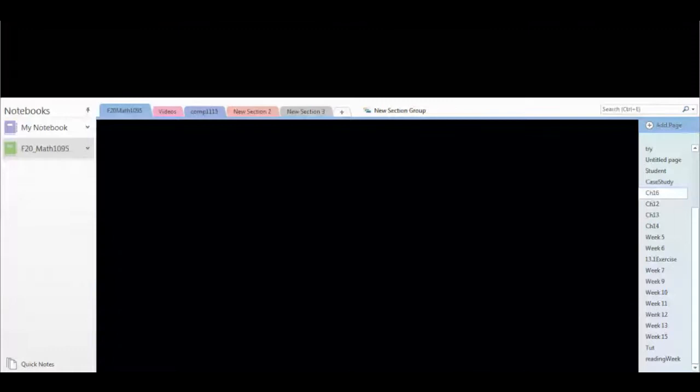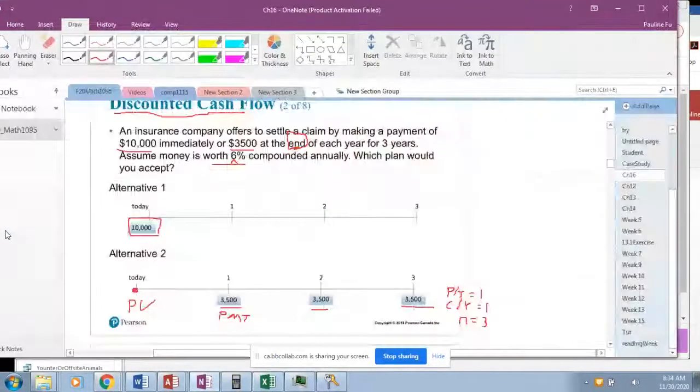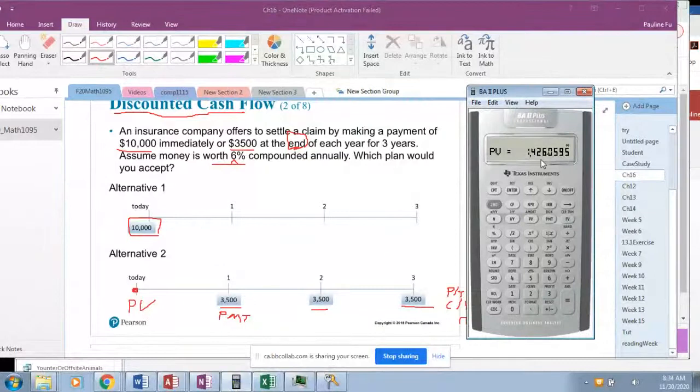So I'm going to stop sharing, start sharing again. Instead of application, I need to share my entire screen so that you also see my calculator. So can you confirm you can see my calculator and my screen? You can see both. Let me see.